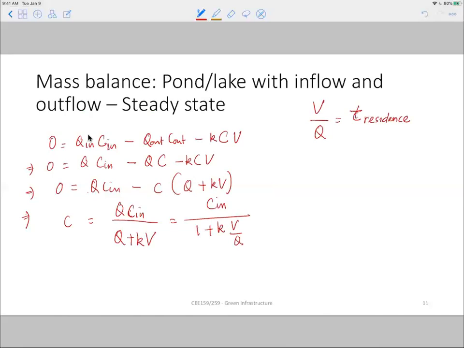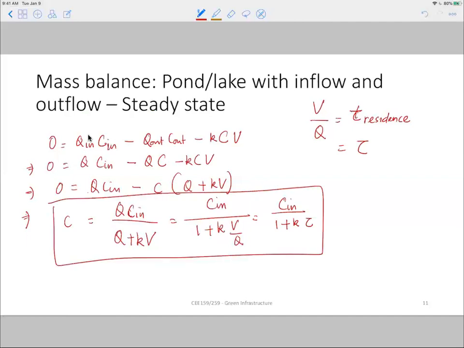It's the amount of time water stays inside the system, and that's unique for a system. If you have a larger pond, the water will stay a longer period of time, which means there will be more chance for reactions. The way we write it is T or tau. So this would be C in over 1 plus K tau. This is the equation that can predict the concentration of pollutant in the effluent from a pond when there is flow coming in and leaving the system with reaction terms.